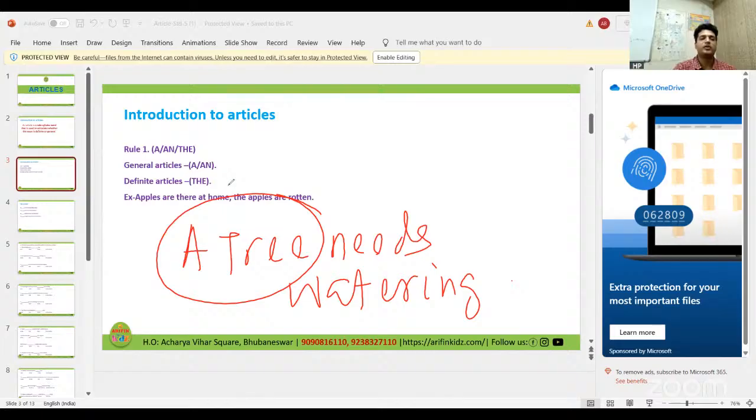Now, if I make this, the tree needs watering, it has to be specific. So only a particular tree I'm talking about, and that particular tree requires watering. That is the difference between a general article and a definite article. That is the only difference, right?